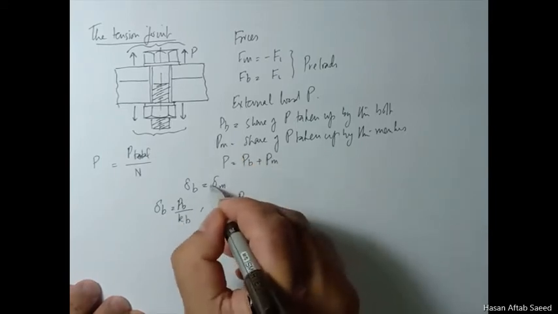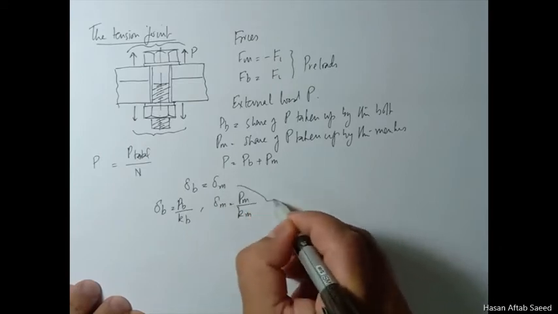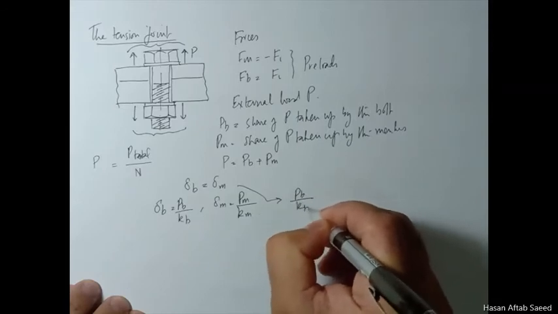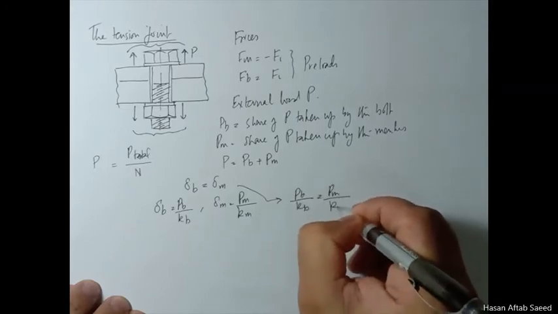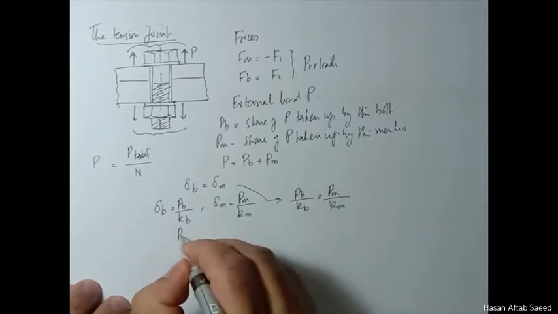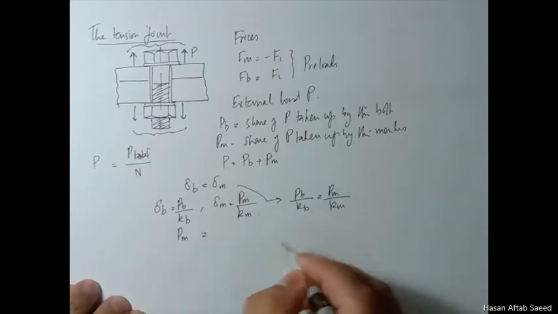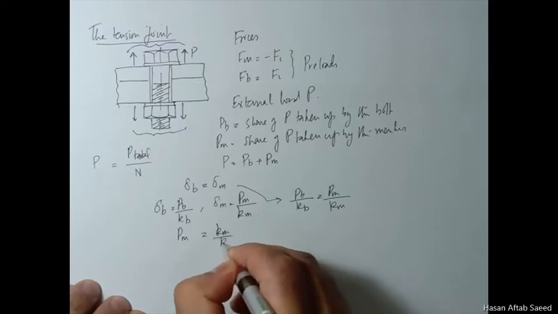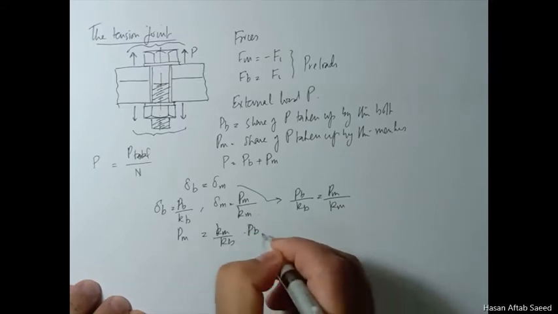Now from this we can equate these two, and we can write PB over KB is equal to PM over KM, or we can write PM in terms of all the other quantities, KM over KB into PB.